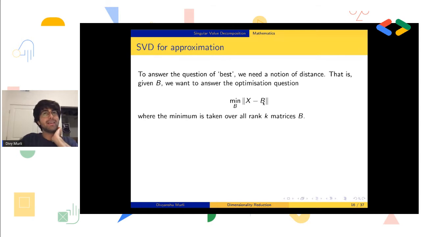By best here, I mean the one that is closest to X. And the word close automatically implies a notion of distance, so we need to define what closeness means in this matrix space.